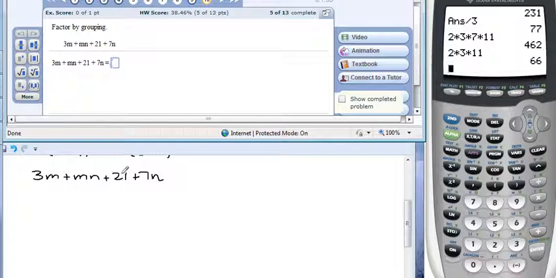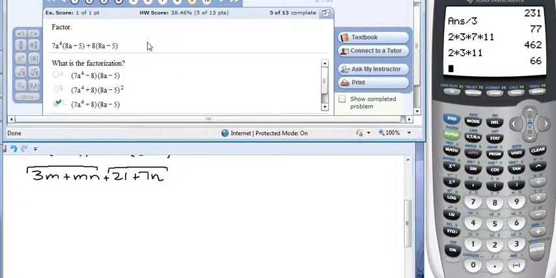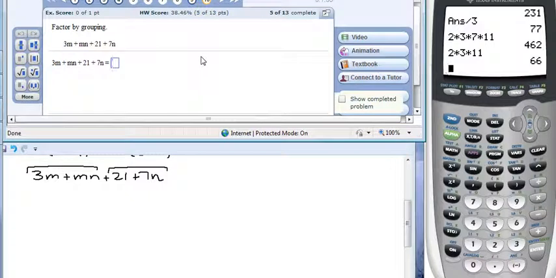So it has nothing in common. So then we have to do a method called grouping, where we group the front two and we group the back two separately. So what I'm trying to do is I'm trying to get it to look like this, and then I can finish it. So my goal is to turn my 4 terms into my 2 terms.